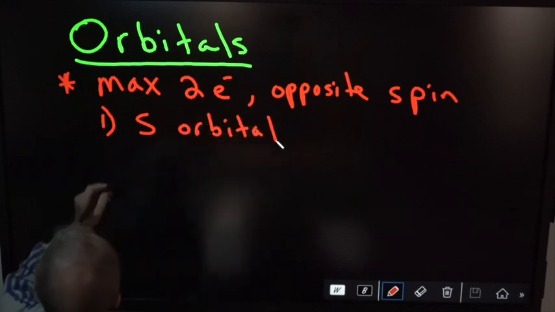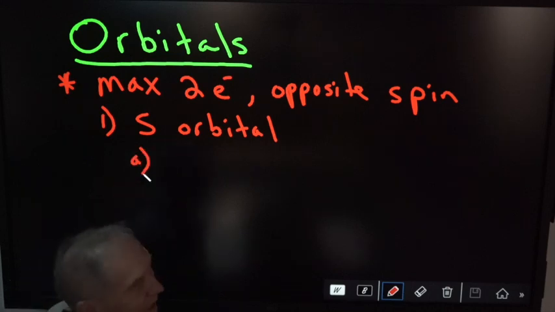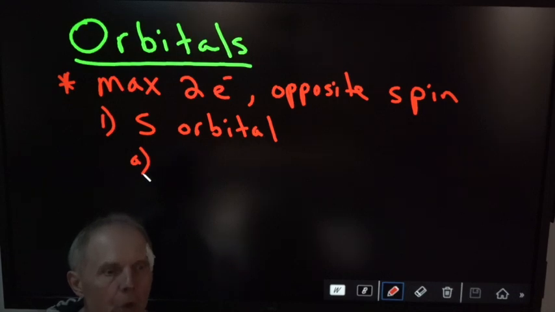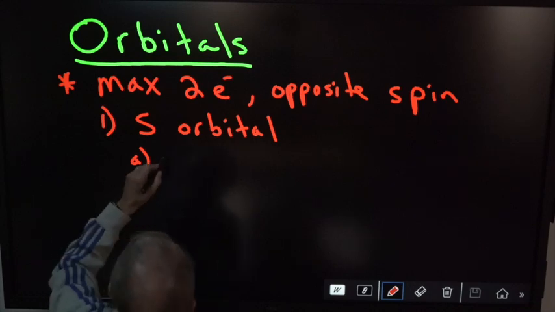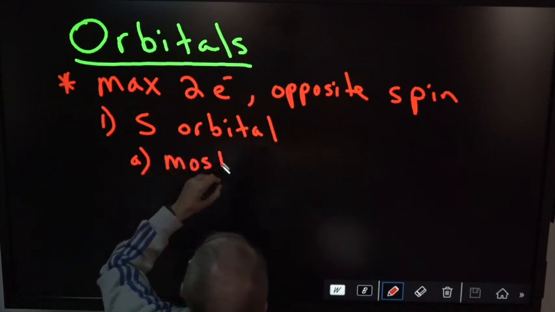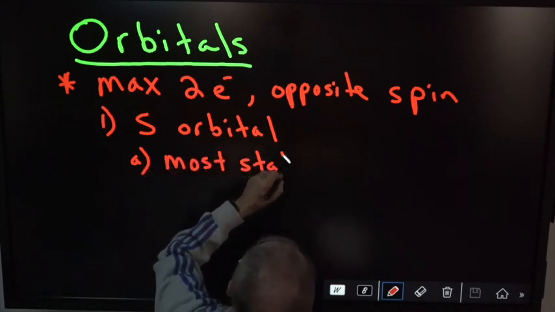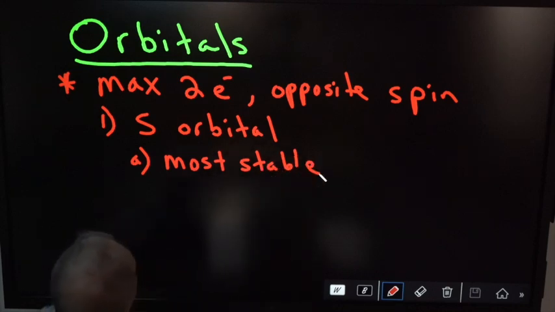S orbital. Like I said before, that's closest to the nucleus. That's the first orbital that gets filled in the shell, so it's the most stable. Most stable.